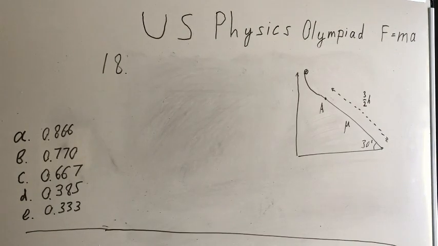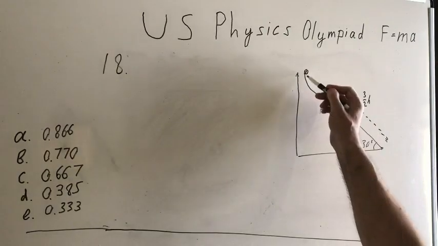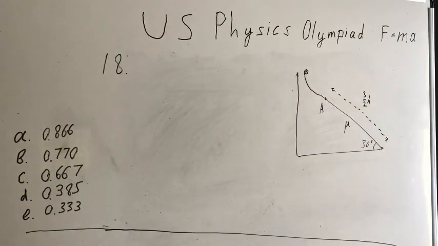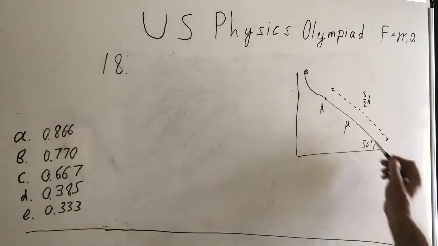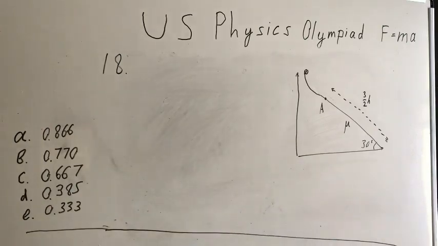Problem number 18. A small chunk of ice falls from rest down a frictionless parabolic ice sheet, like here in the figure. At point A in the diagram, the ice sheet becomes a steady rough incline of angle 30 degrees with respect to the horizontal and the friction coefficient mu, an unknown coefficient.